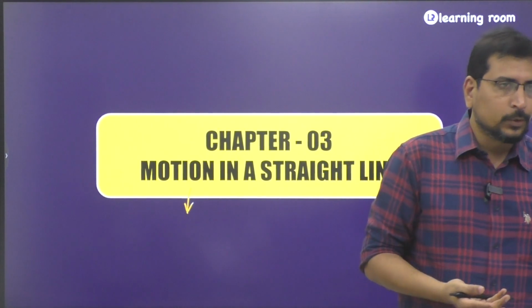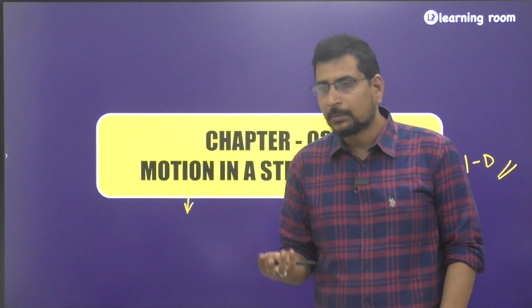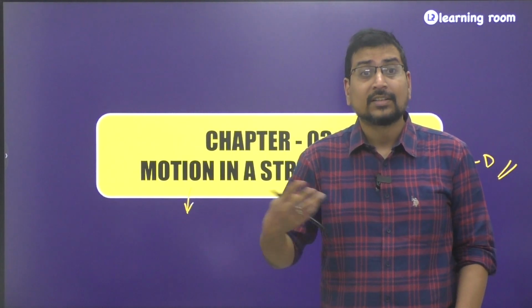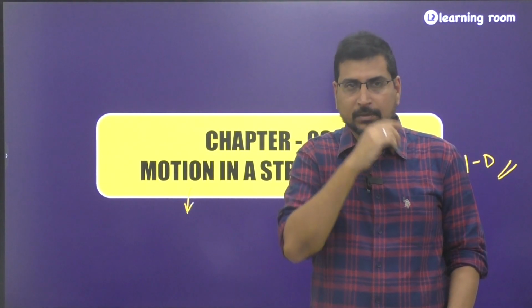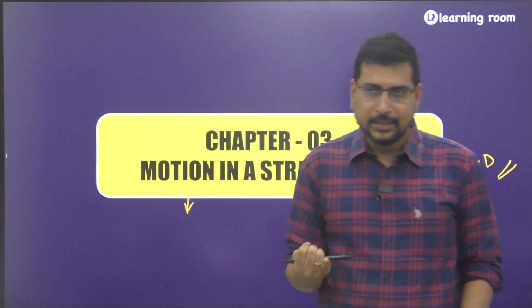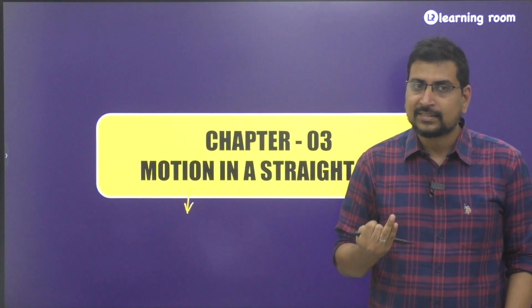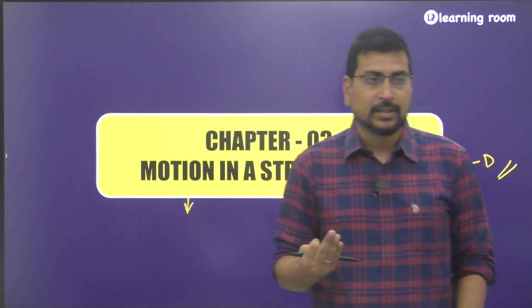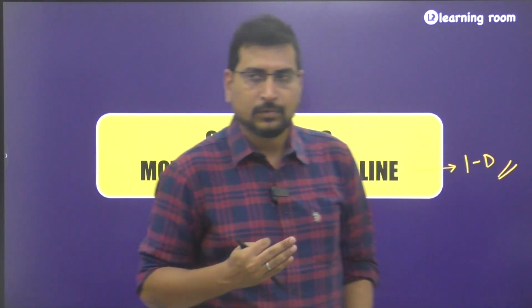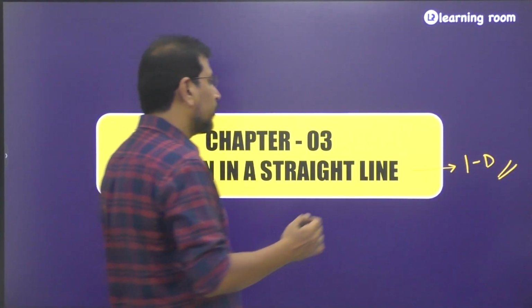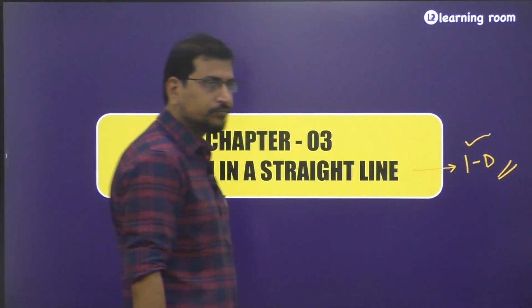And if it is confined to three dimensions, you say motion in three dimensions or motion in space. So one dimension is called a line, two dimensions a plane, and three dimensions space. Now we'll confine ourselves only to line.